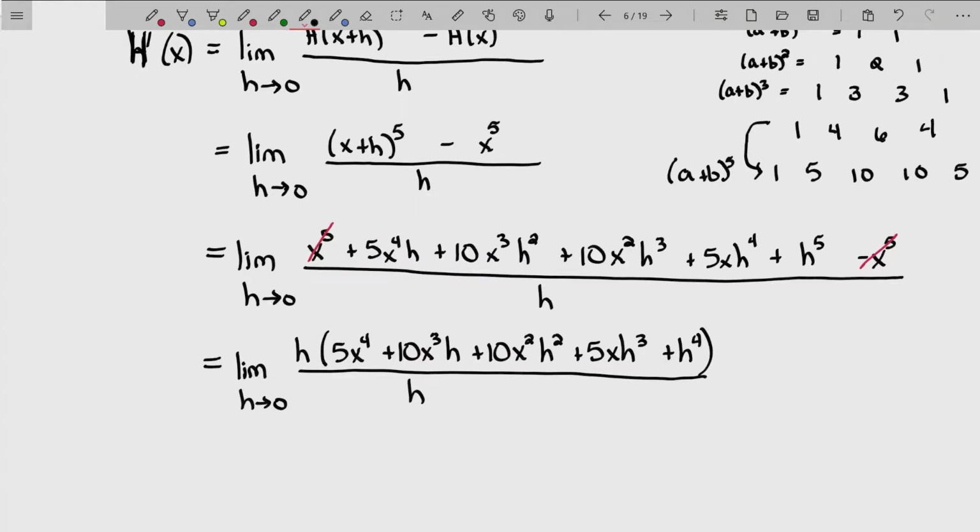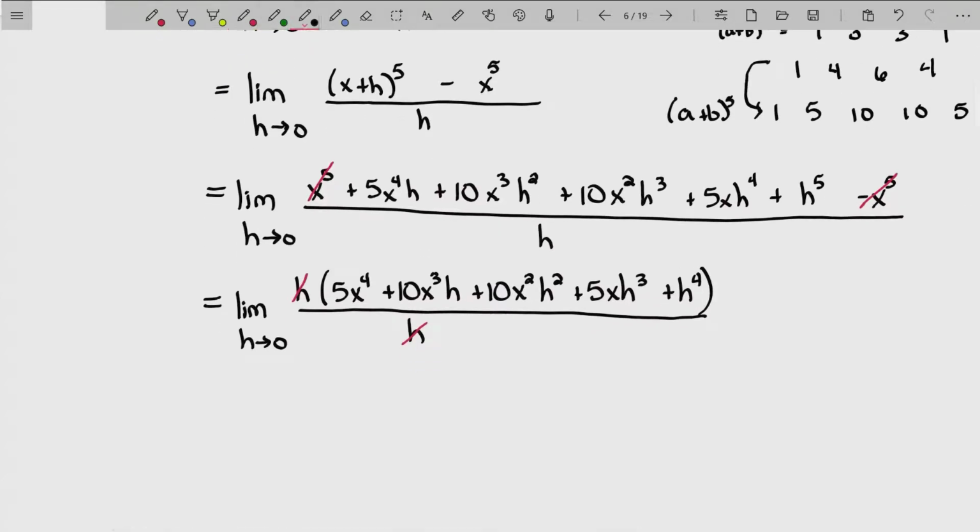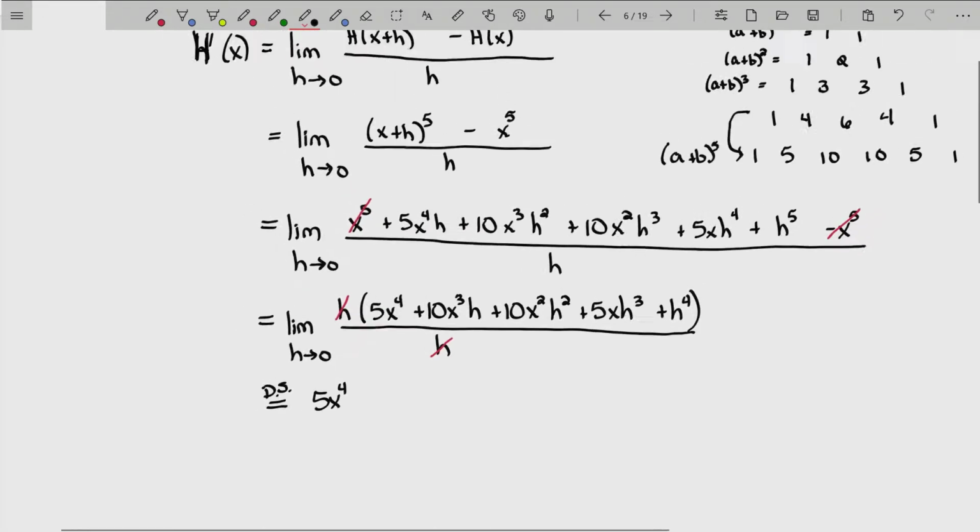And we get there, and you can see easily that the h's cancel here. Now that the h's have canceled out, you can do direct substitution. Direct substitution will kill off any term that has an h because h is tending to 0. And you get this beautiful result, 5x to the fourth.